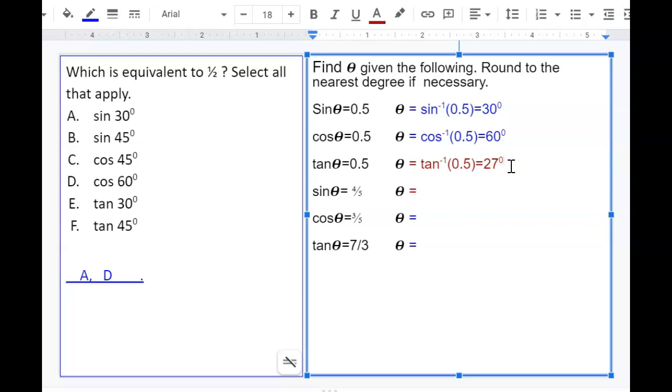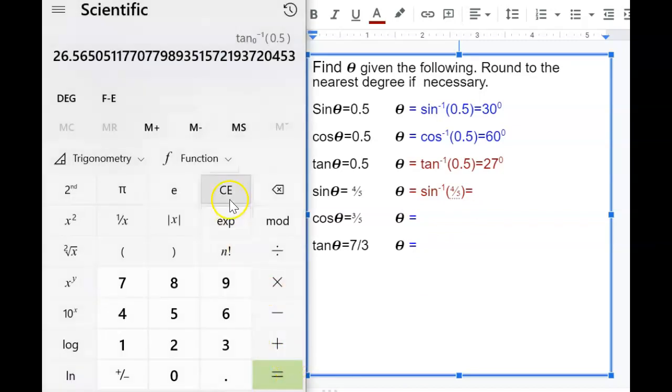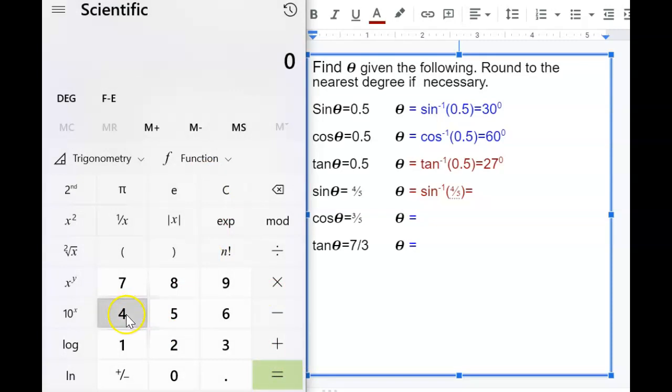We look at sine theta equals 4/5. So theta will be what? Sine inverse of 4/5. Now let's work that out. First thing again, 4/5 is just 4 divided by 5.